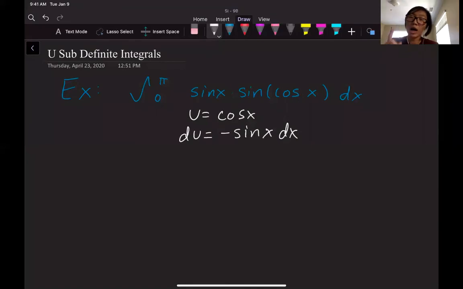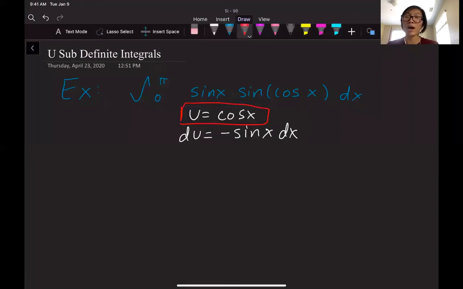But before I do that, here's where I'm going to change my limits of integration, right? Because my limits of integration are in terms of x, if I want to change from x to u, I have this very handy formula right here that can tell me what u is for values of x.